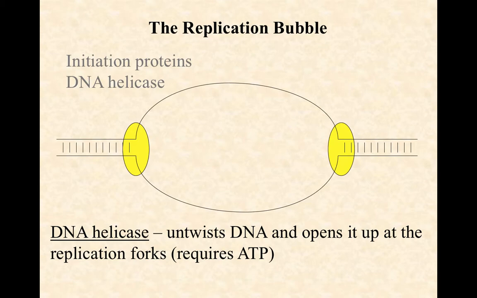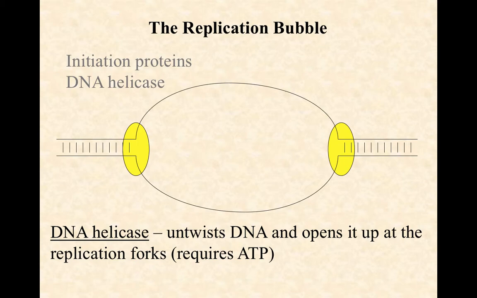The next step is for a protein called DNA helicase to bind right at the fork. DNA helicase is all about untwisting the DNA, and by untwisting the DNA, it's going to force apart the nitrogenous bases. The reason DNA is coiled into a double helix is so that those nitrogenous bases can actually reach each other through hydrogen bonding.